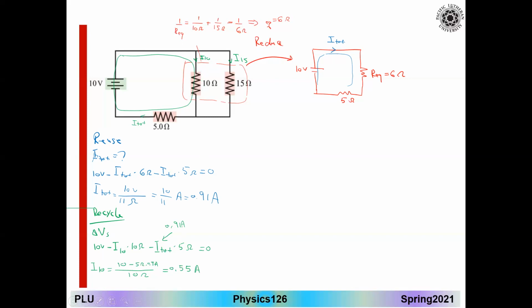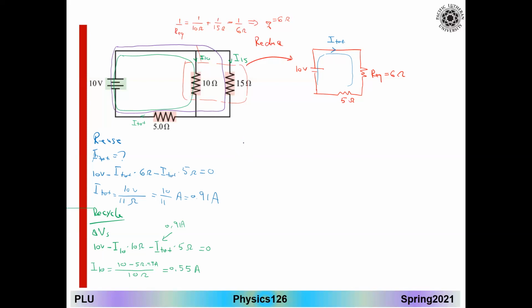Let's change the color of the pen and apply the Kirchhoff law in that loop. So I go through this one here, and I go to the 15, and I go through this path, and I close this path.